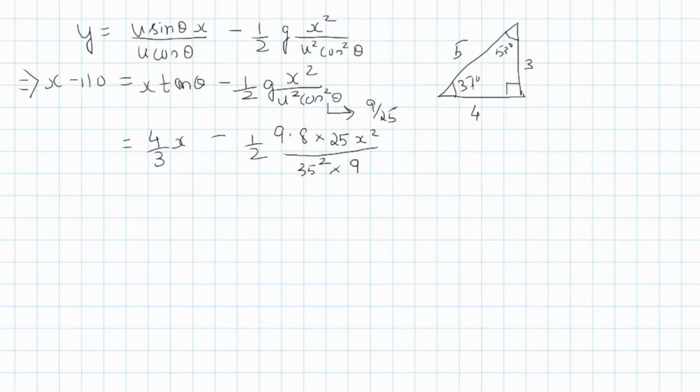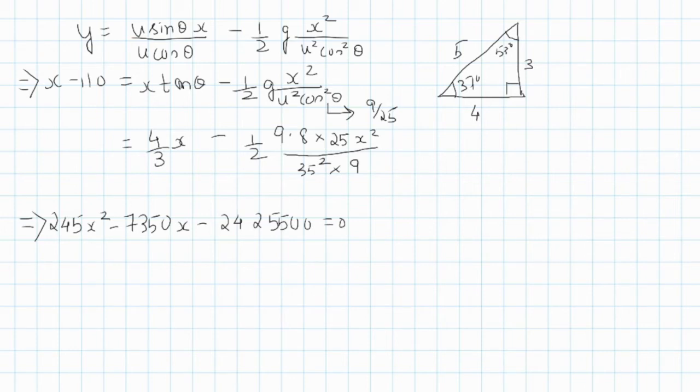Now by solving this, we get an equation like this: 245 x square minus 7350 x minus 2425500 is equal to 0.